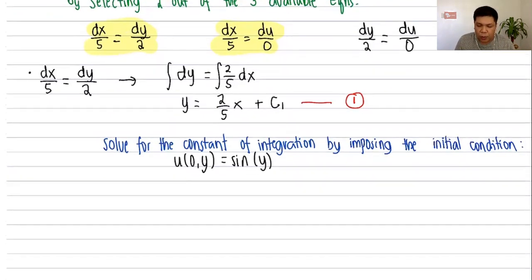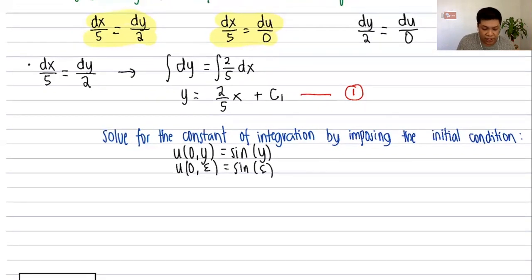Now, I'll take another variable so as not to confuse you. I will rewrite the initial condition as u(0, epsilon) equals sine epsilon, meaning I am taking any arbitrary point along y. So epsilon is any point along y.